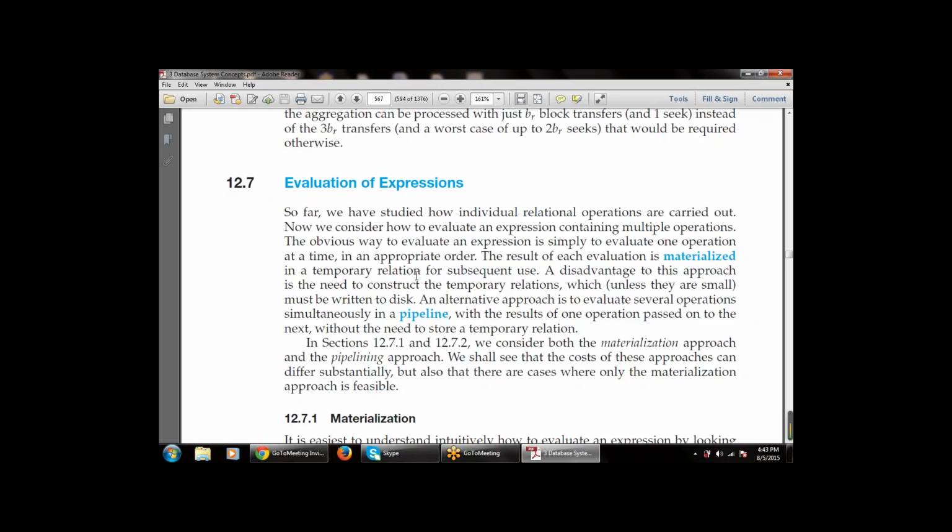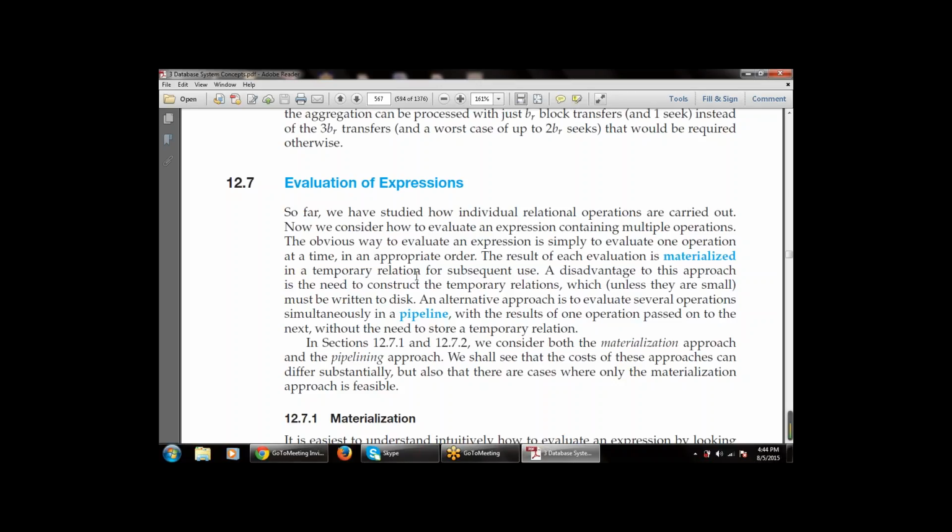For example, one operation is carried out, then its output is passed to the next operation, and then to the next. So multiple operations are carried out in a pipeline, with the result of one operation passed to the next without the need to store it in a temporary location.